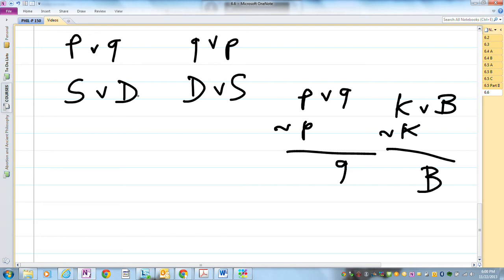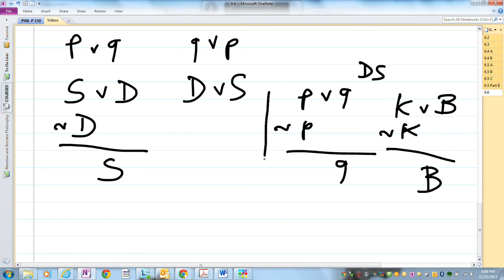So suppose you have S or D, and then you have not D, therefore S. I think you can see that this is an instance of disjunctive syllogism. But it's a little bit different from the form as it's stated on this side, because on this side you have the two alternatives, P or Q, and then what is being negated in the second premise is the first alternative.